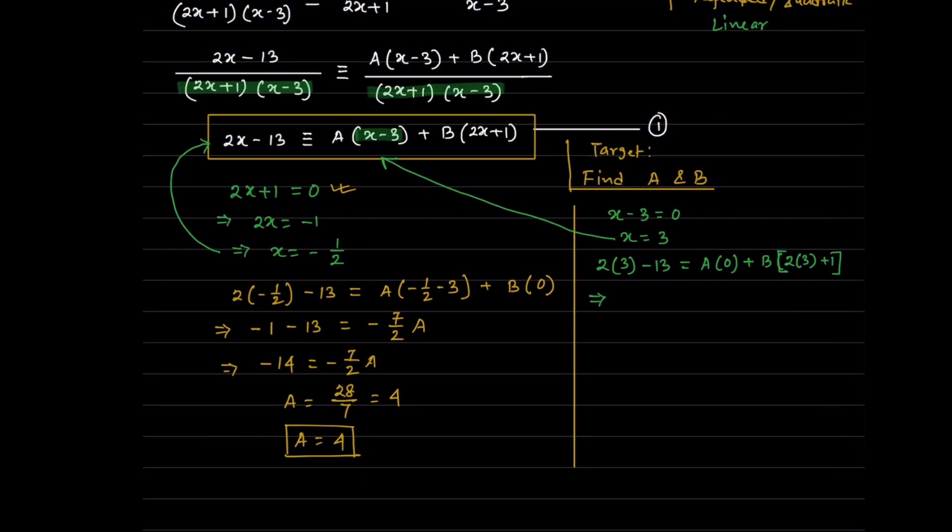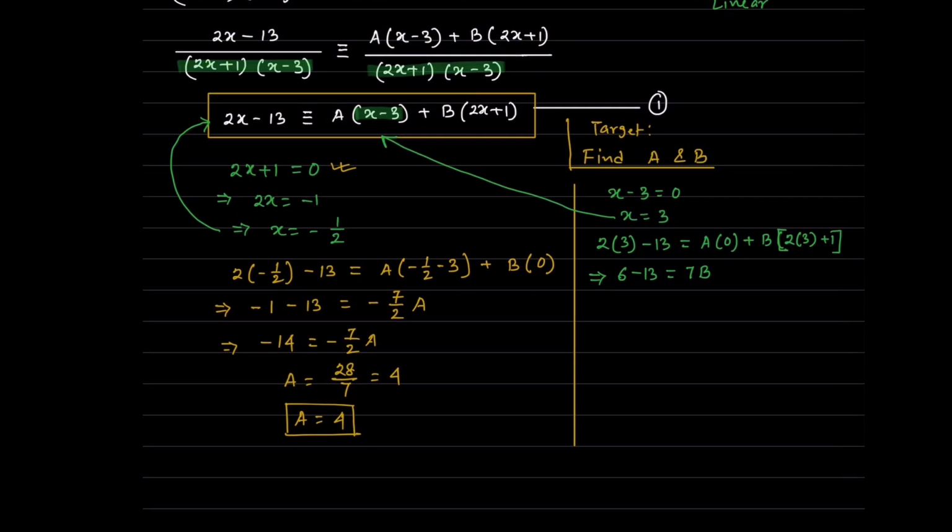So from here we can write 6 minus 13 equals, a is 0 and b is 6 plus 1, 7b. Alright, so from here minus 7 equals 7b, or we can write b equals minus 1. So that is our target, find a and b, and we got it.